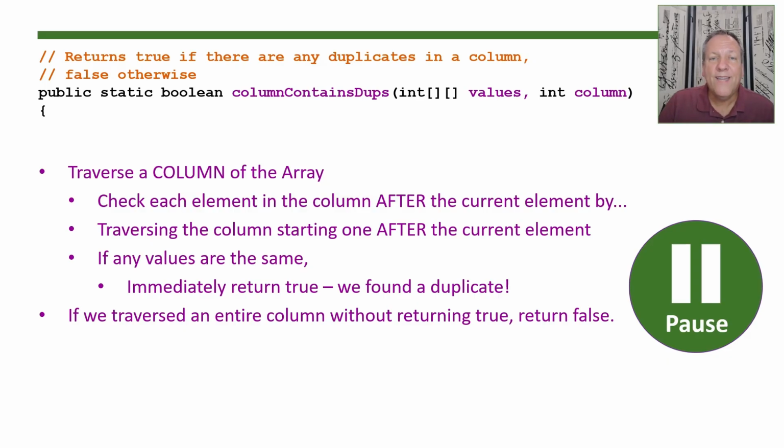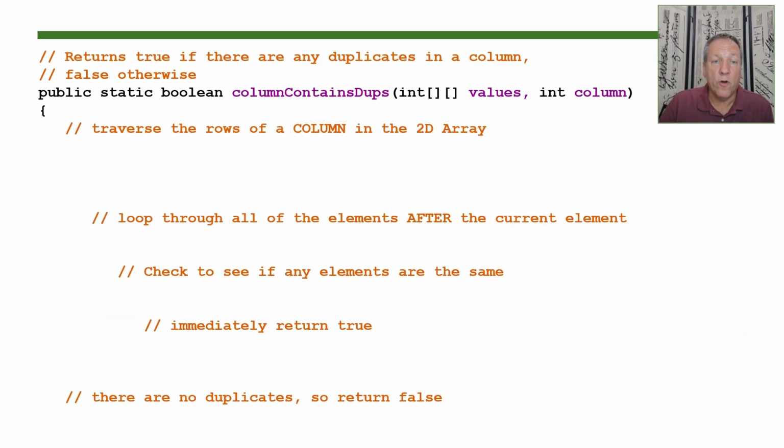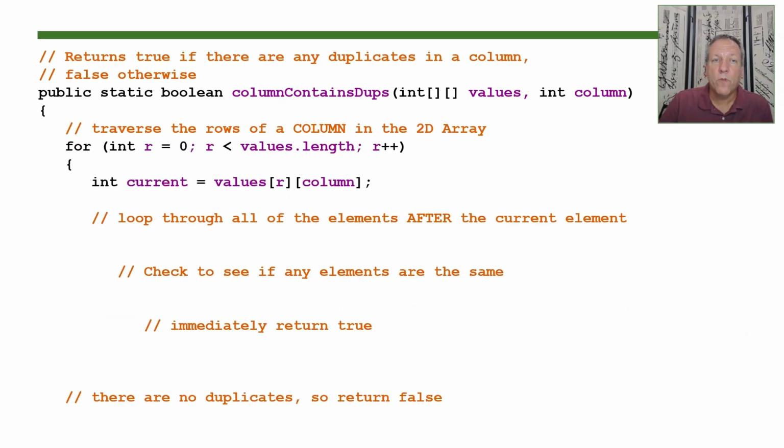Okay, let's take these steps and let's put them into our comments and write our code. So here's our comments. We'll start by having a single loop to traverse the rows of a given column. As we extract each element into an integer, we'll call it current. Now we need to traverse the same column, but starting at the next row.